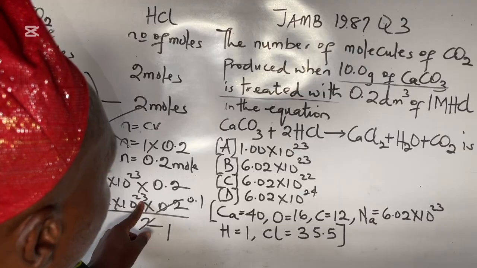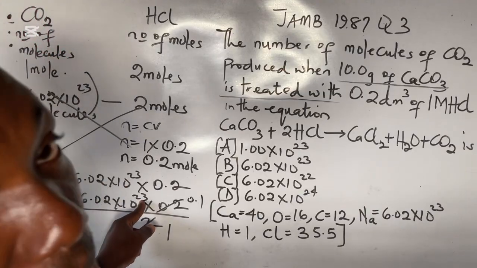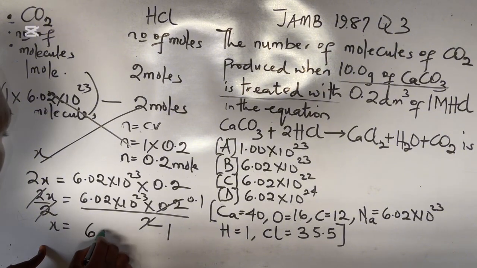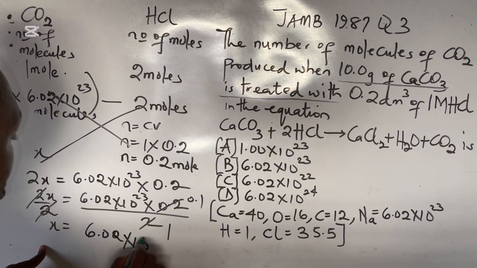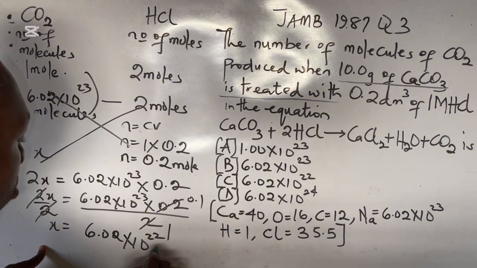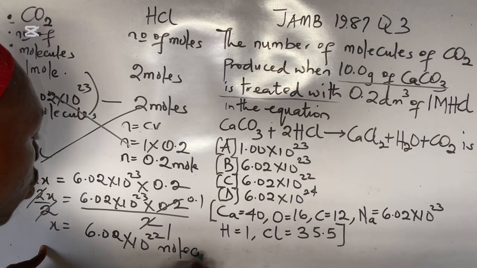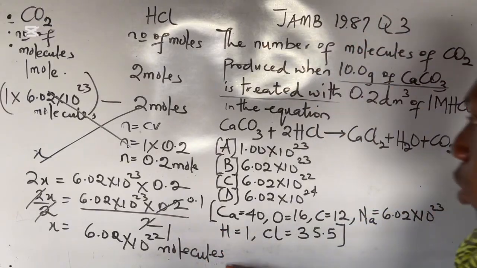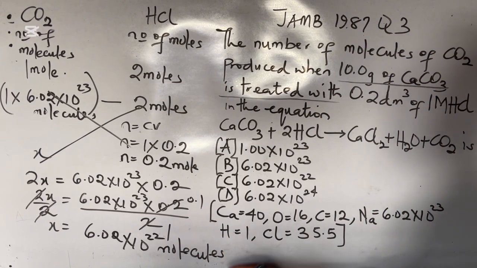When we combine it with 23, that will give us 22. So that will give us 6.02 times 10 raised to the power 22 molecules. You can see how I've solved this question. The right option here is 6.02 times 10 raised to the power 22. That's C.